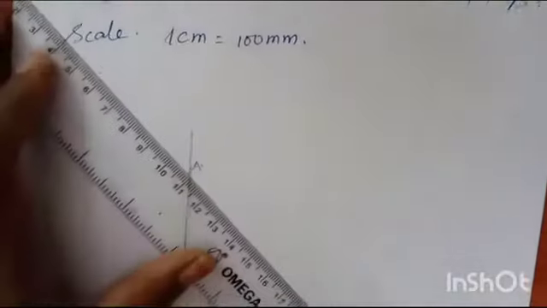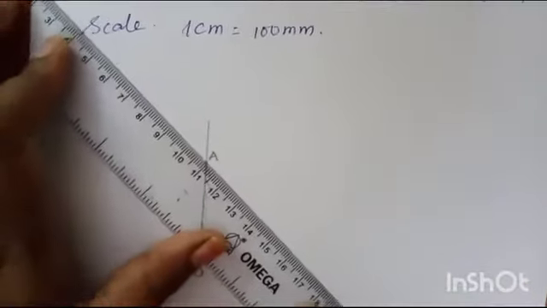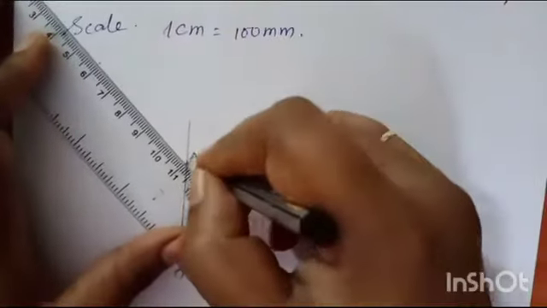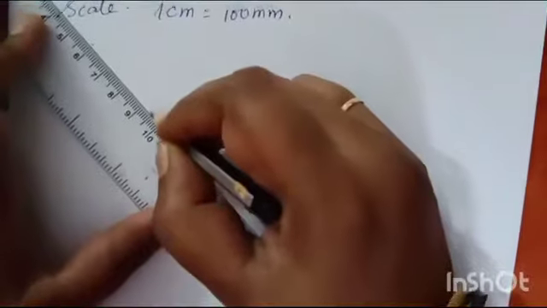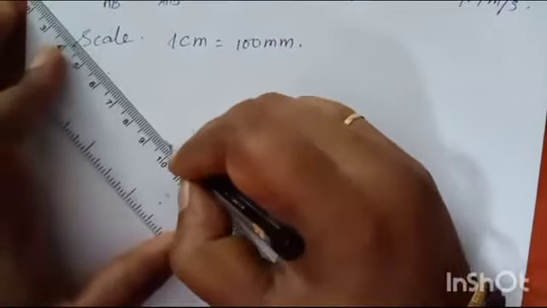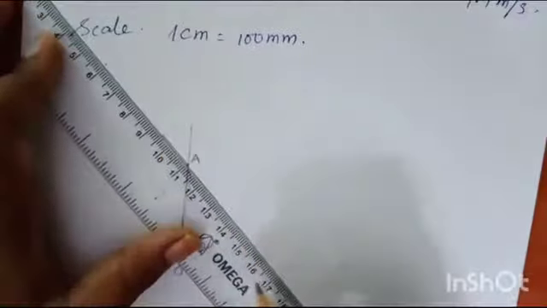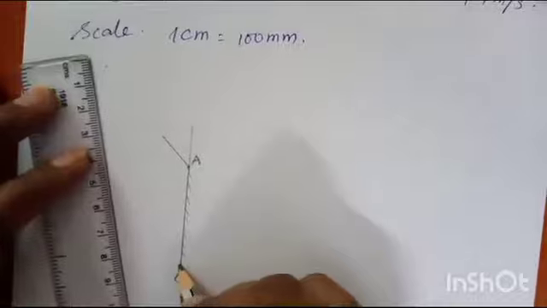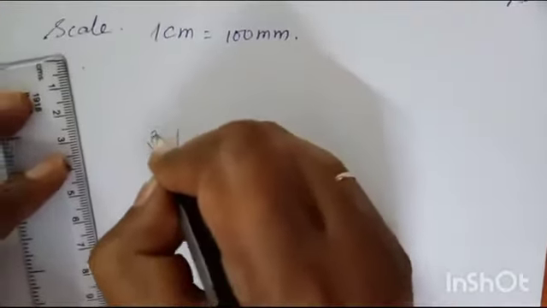So anti-clockwise, take this 45 degree measurement using the protractor, and the crank length is 150 mm. So you just measure simply: 1.5 is your measurement, because 100 mm is your 1 centimeter, so 1.5 gives 150 mm. So this is my crank point, that means B point.